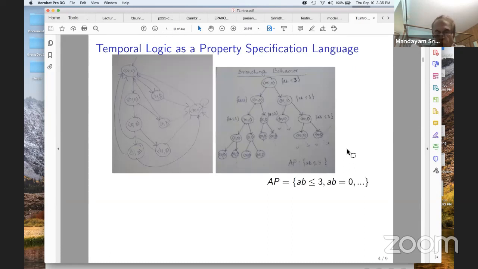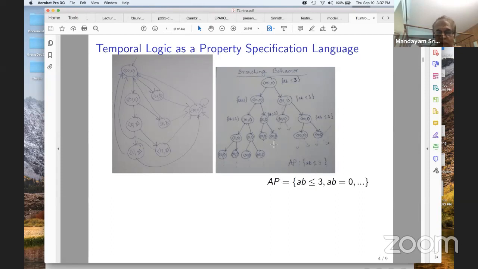So what's a property? I'll recall that we saw this example earlier. It's the mod 4 counter. The left side is the transition system for that, and on the right side is the computation tree generated by the transition system.